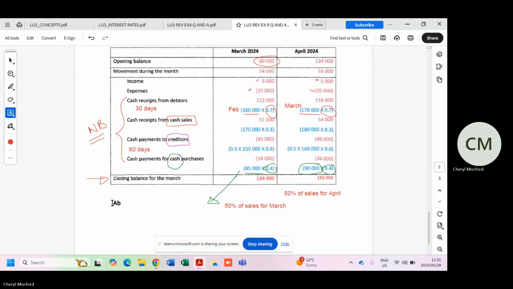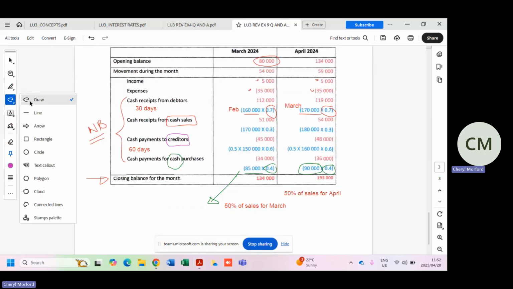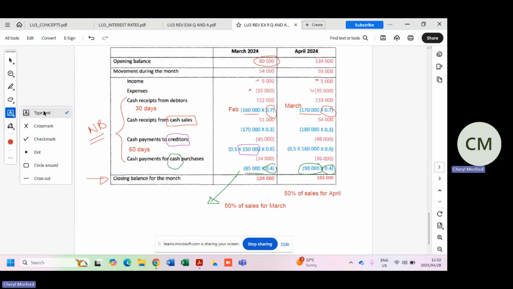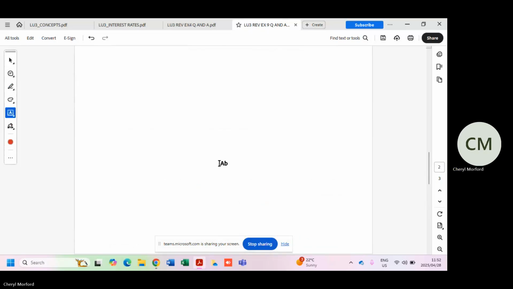So first thing, I must find what my purchases are. Purchases is 50% of the sales because we're going to be using cost of sales. So have a look over here. This amount that I'm using here, where am I getting that 150? That is going to obviously be for January. And where am I going to find that piece of information?